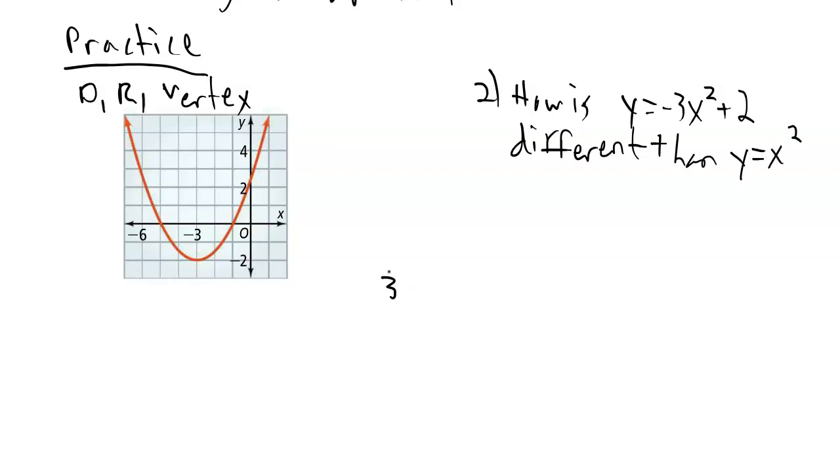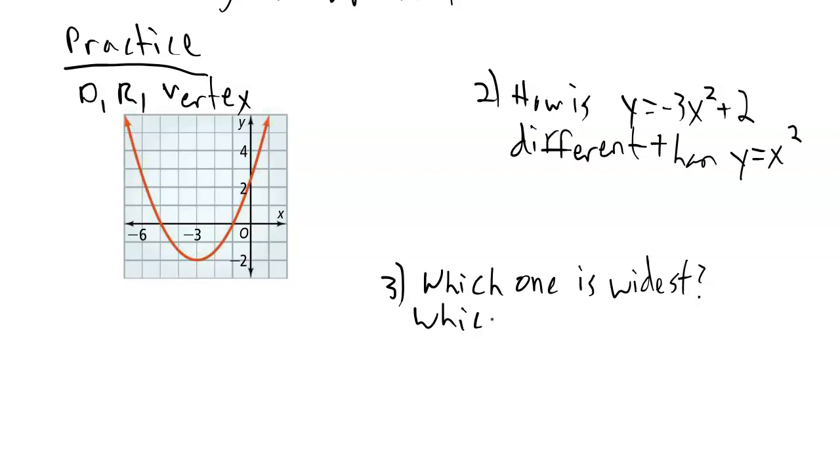Finally, we're going to look at a couple more problems, right? We're going to ask which one of these is going to be the widest and which is the narrowest. So we're looking at whether 1/3 x squared is the widest, whether negative 1/10 x squared is the widest or the narrowest.